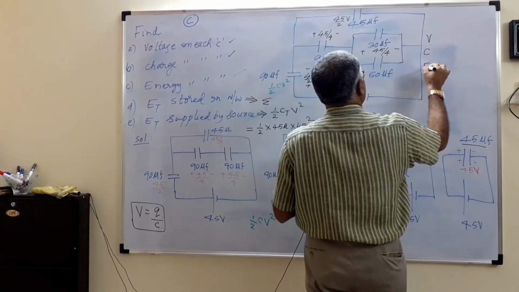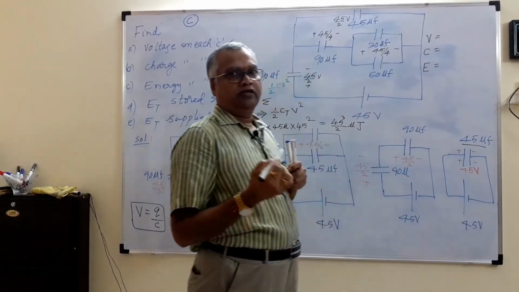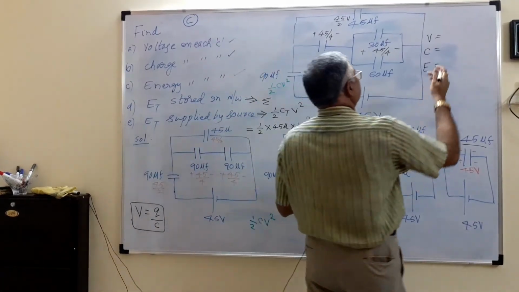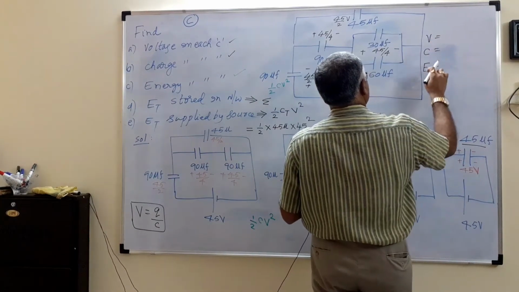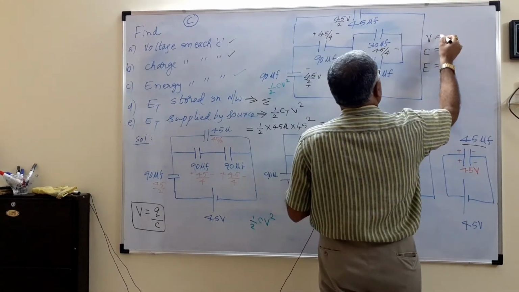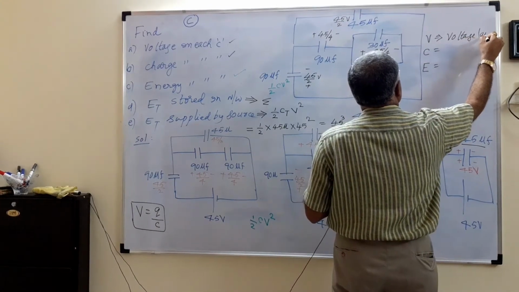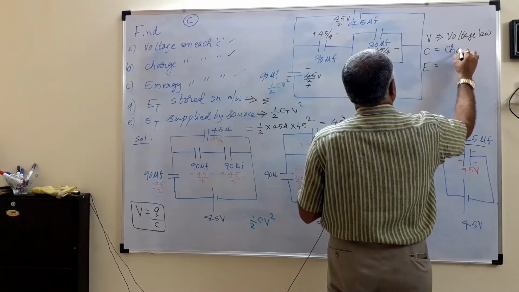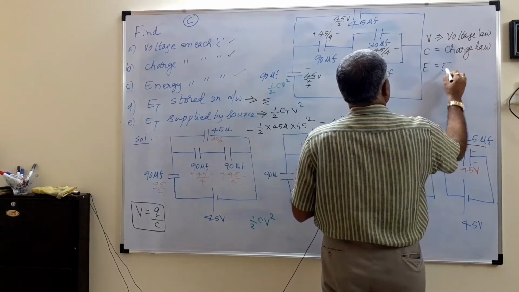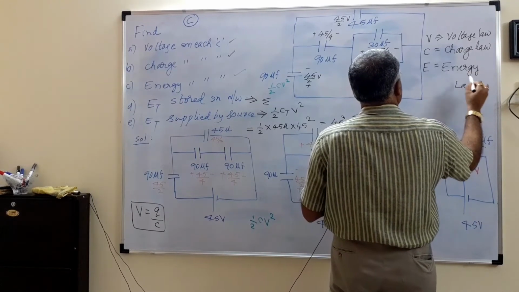So what are the important laws in any capacitive network? VCE. Like with resistors I told you, VIP: voltage law, current law, power law. Here VCE. Vice Chancellor of Engineering College, Vasavi College of Engineering, like that you remember. V is the voltage law, C is the charge law, E is the energy law.